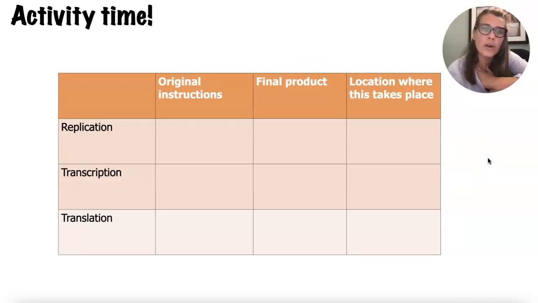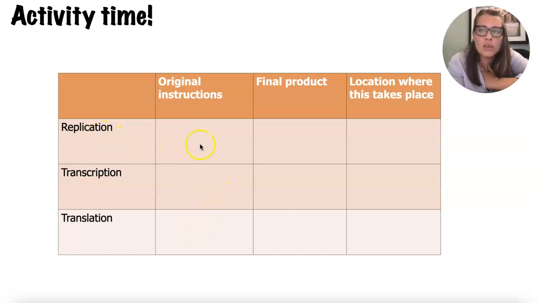Like you did before, now you have all three processes: replication, transcription, and translation. Remember, replication happens during interphase. Transcription and translation are part of protein synthesis, gene expression. You have one specific gene that needs to be activated, because now we need that gene to express that protein, to synthesize that protein. Okay, the original instructions: I want you to remember that they're different.